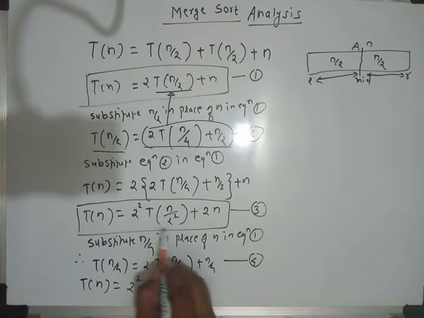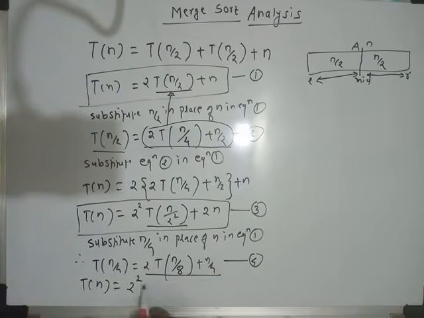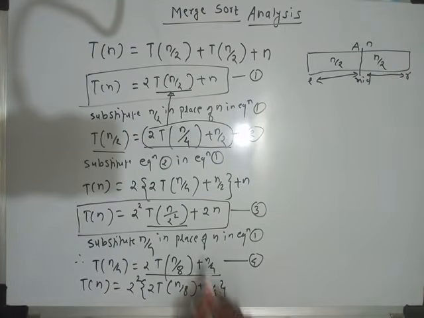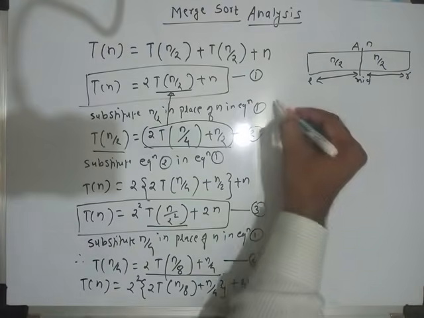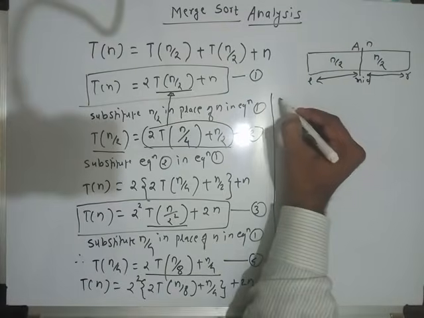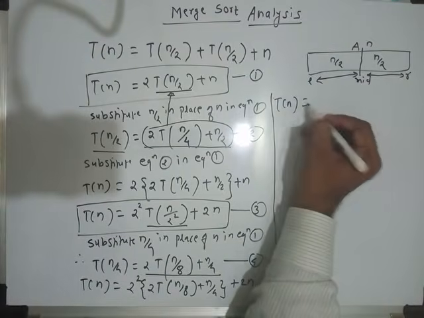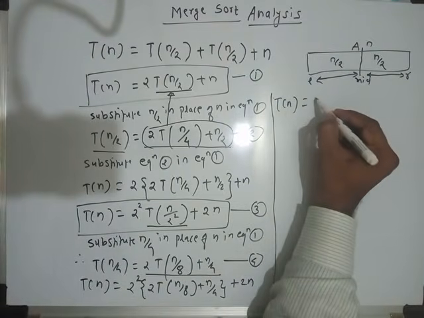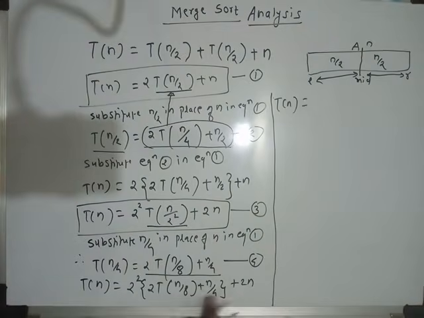So I'm substituting in place of this value, right? So twice t of n by 8 plus n by 4 plus this 2n. That's what equation. If I now rewrite this equation here, I'll have t of n is equal to 2 square will be multiplied in this bracket.